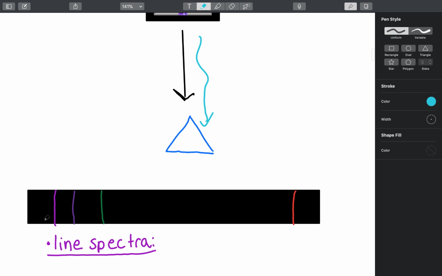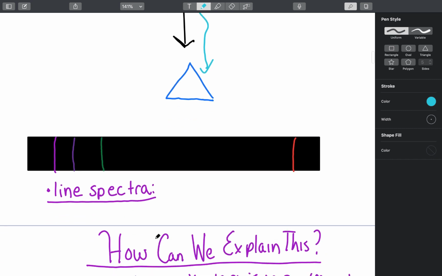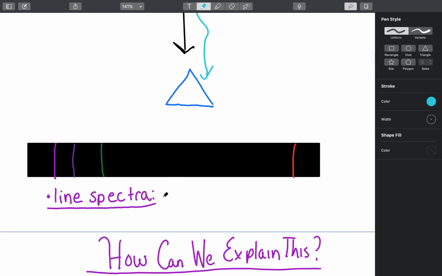And this spectra here is called the line spectrum. And the line spectra is a spectrum with only specific wavelengths.